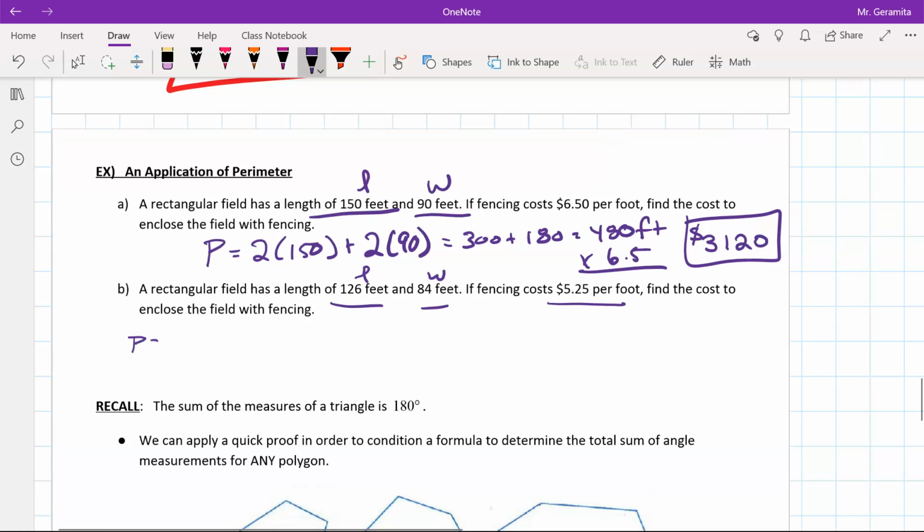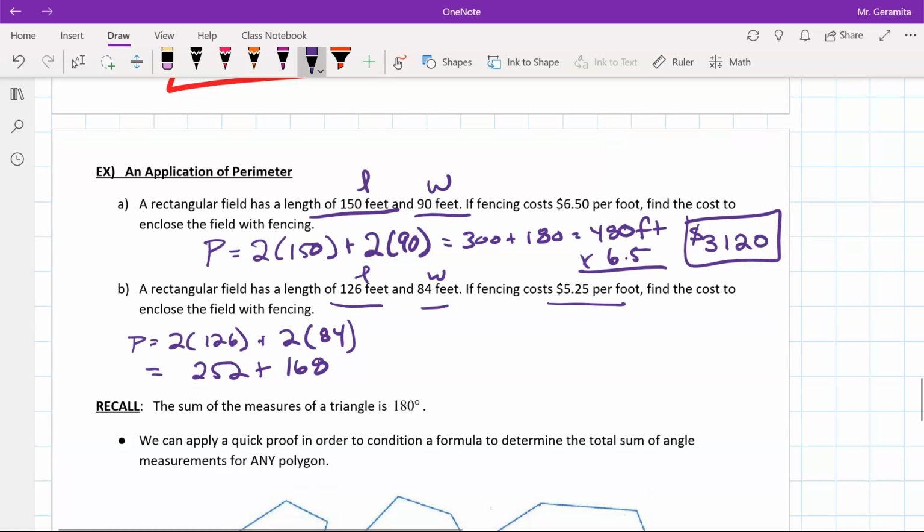So you're going to do P is equal to 2 times 126 plus 2 times 84. This is going to give you 252 plus 168. Add those up.